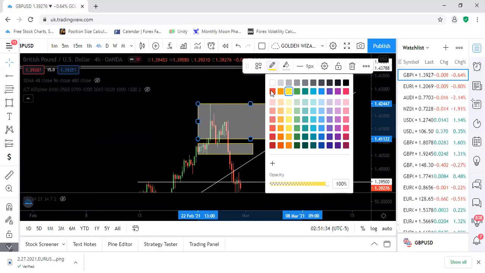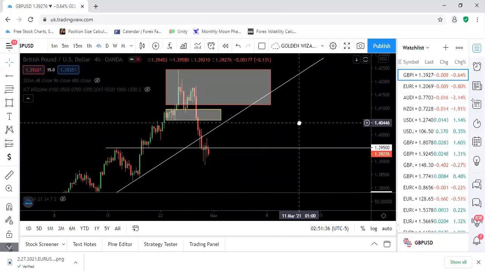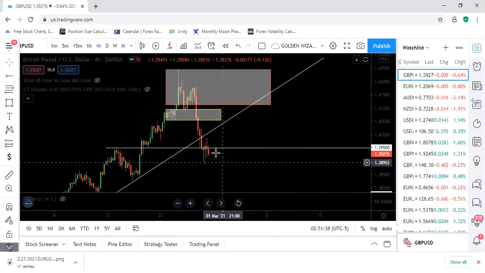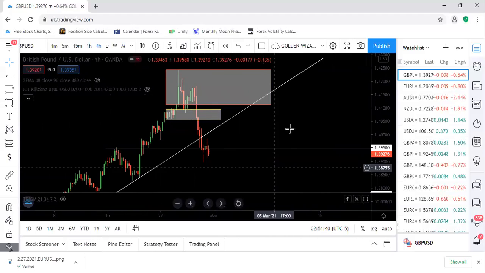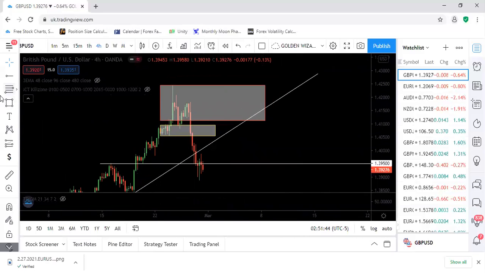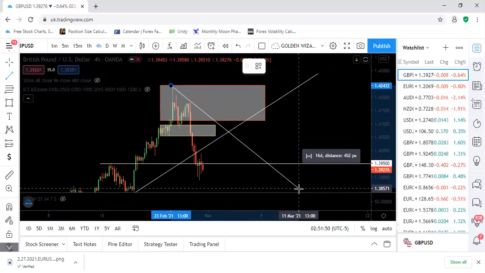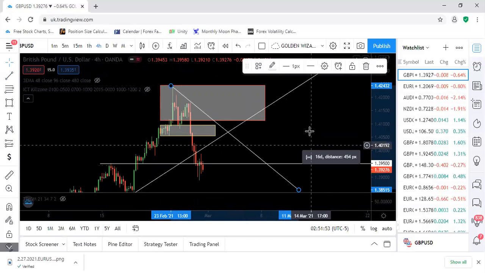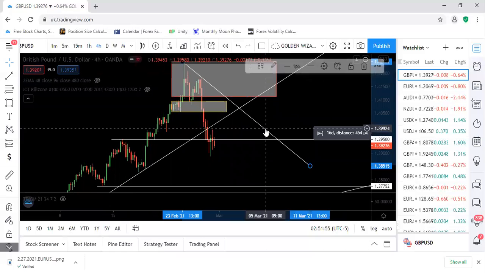However, because this is a 4-hour break of market structure, I would anticipate some more retracement and another sell. So again, this is something I'd like to frame. I see now an induction trend is being created.